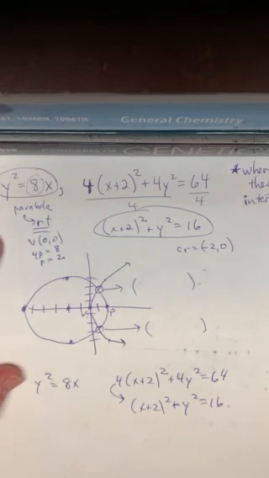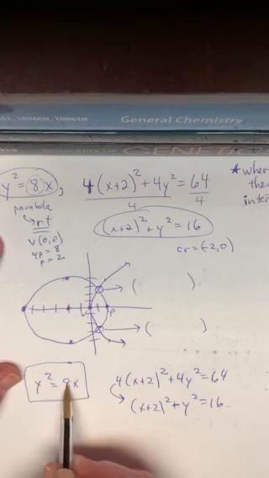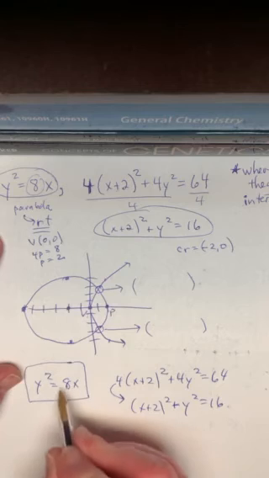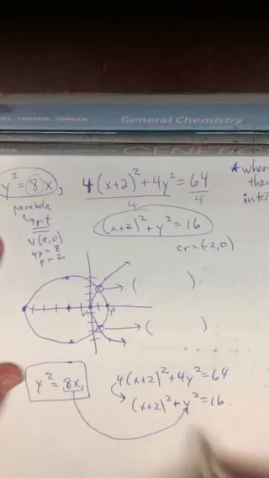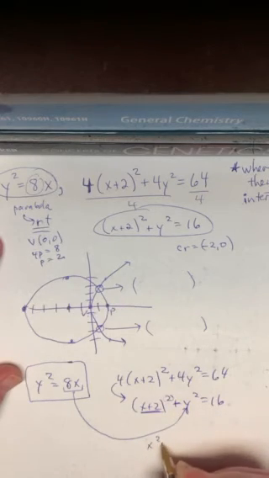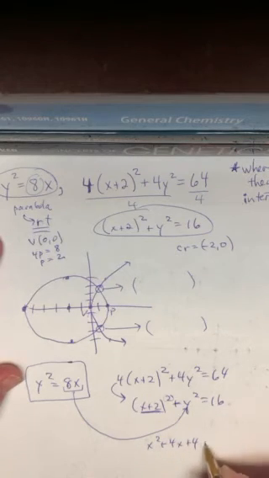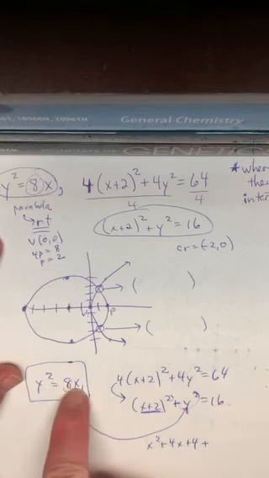Well, be creative algebraically. Look at this, guys. Doesn't it say that y² is equal to 8x? So can't you take this 8x, since it's equal to y², and plug it in for that y²? So this ends up being, when I square this, remember we get x² + 4x + 4 plus, now it says y², but y² = 8x.